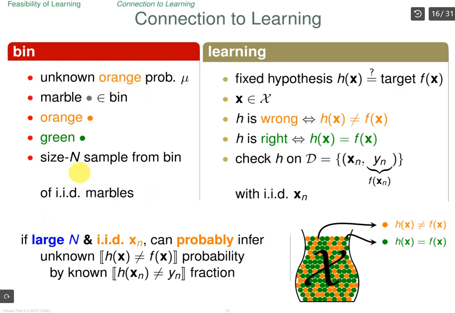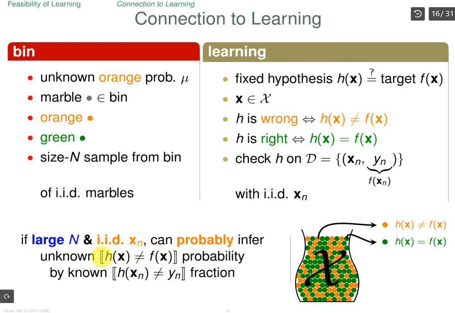Now, given this connection, we can say that if we have enough training examples distributed identically, independently, we can infer unknown probability by known fraction. So in the context of machine learning, given the fixed hypothesis and a lot of training examples, we can infer the case where our fixed hypothesis doesn't agree with the target function.